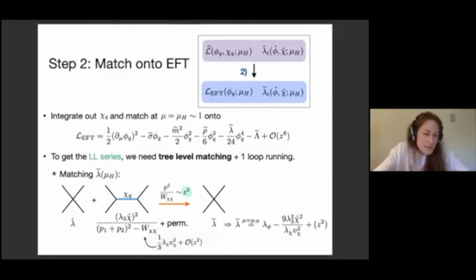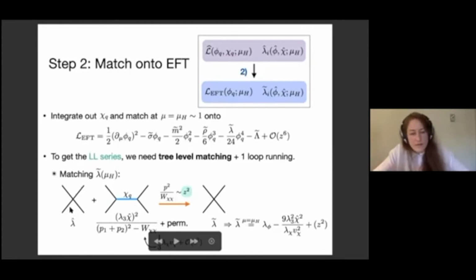Another example is the matching onto the EFT 4-point coupling. So in our L hat, two diagrams contribute. I have the lambda hat 4-point coupling in L hat. Again, this depends on the background fields.